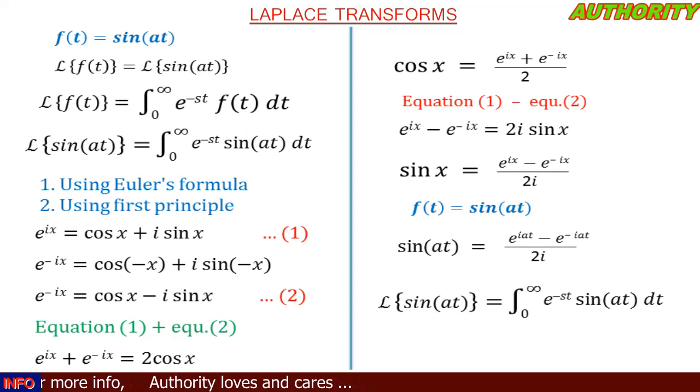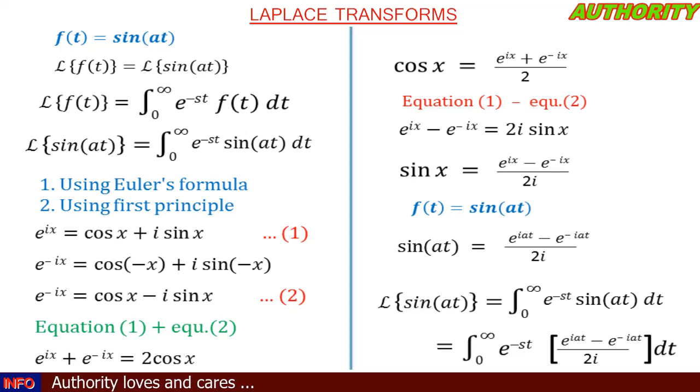Okay, good. And then we just discovered that sine at has a new value, which is e raised to the power of iat minus e raised to the power of minus iat all over 2i. So in place of this sine at, we can write e raised to the power of iat minus e raised to the power of minus iat all over 2i.